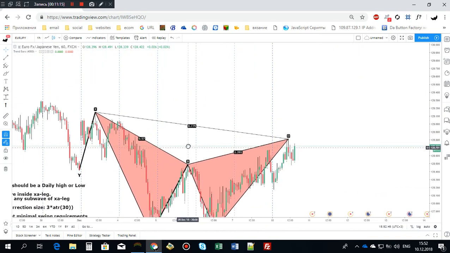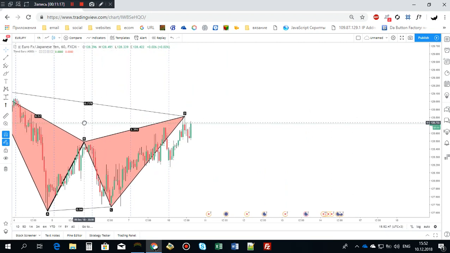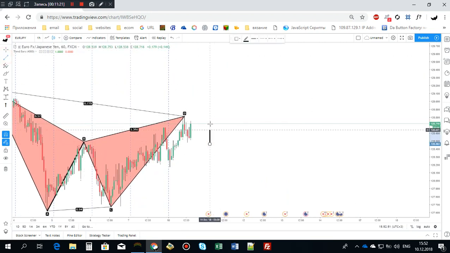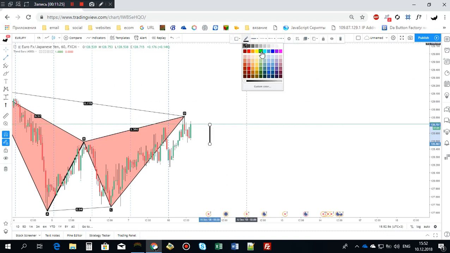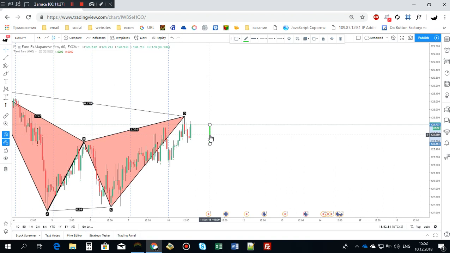So we'll go to maybe an empty space of the chart and we will draw some candles. So suppose we have a bull swing that consists of 1, 2, 3, 4, 5 candles, and then we have a bearish swing.